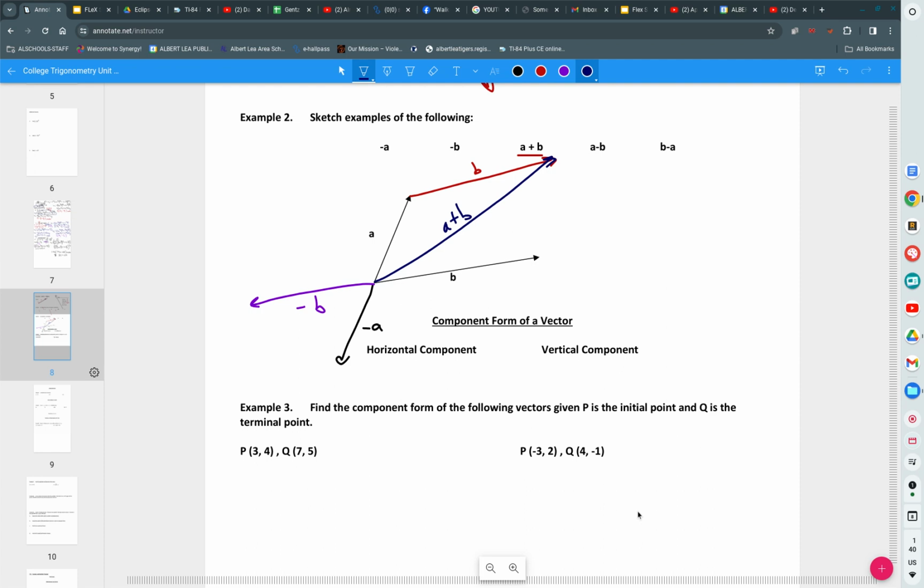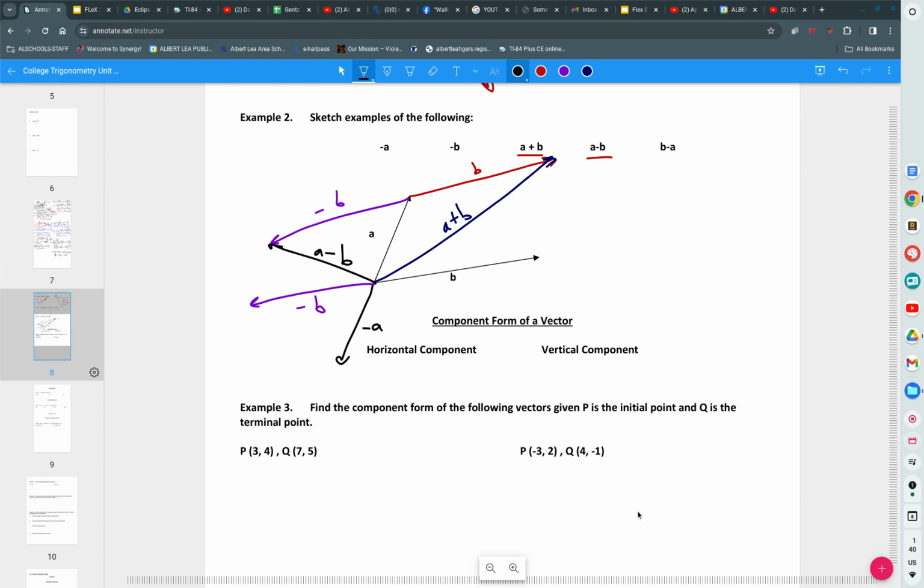How would I draw A minus B, do you think? Yeah, I take A and then I attach onto it a negative B. And you can see that what is produced there is vector A minus B. How about the last one, B minus A?